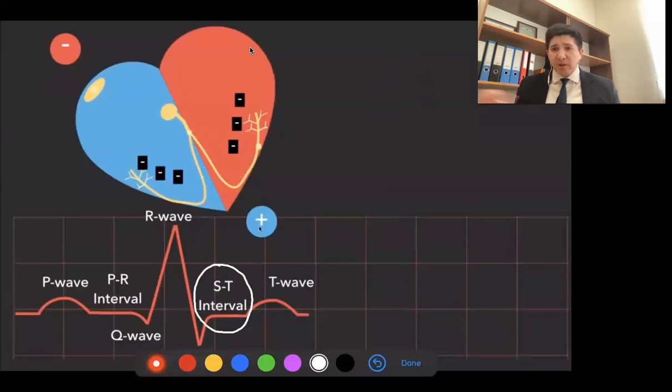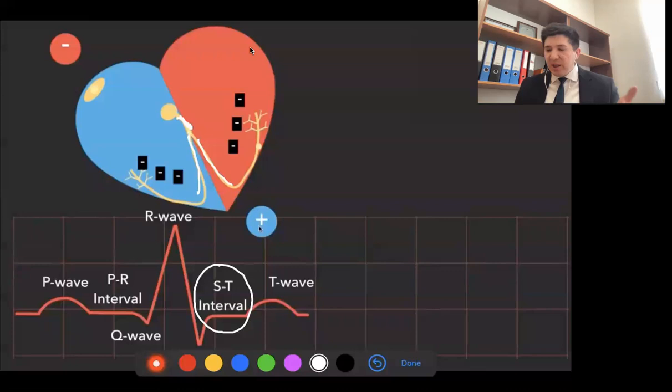If you remember, the action potential especially in the AV bundle, the bundle branches and the Purkinje fibers, they have this plateau state as well, right? So they are depolarized, but they're not going to be immediately repolarized. They're going to stay for a while in the state when the membrane potential is positive.